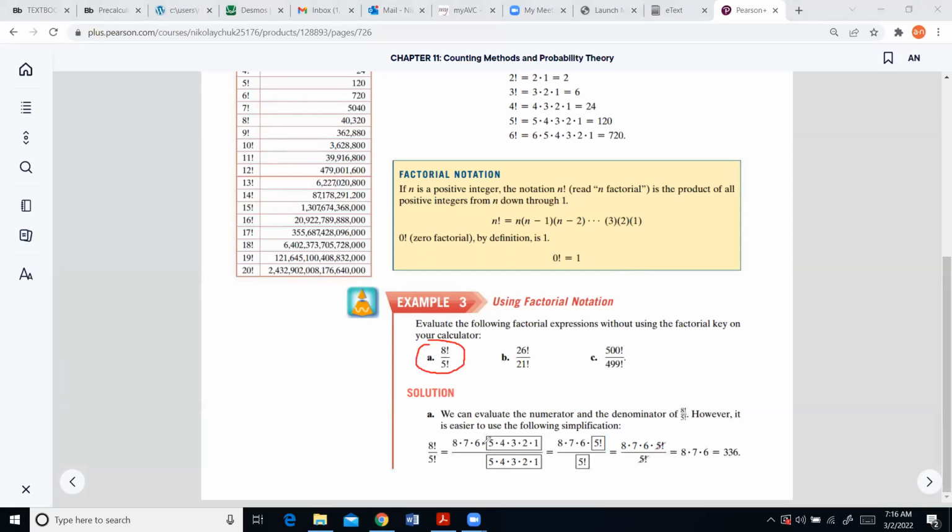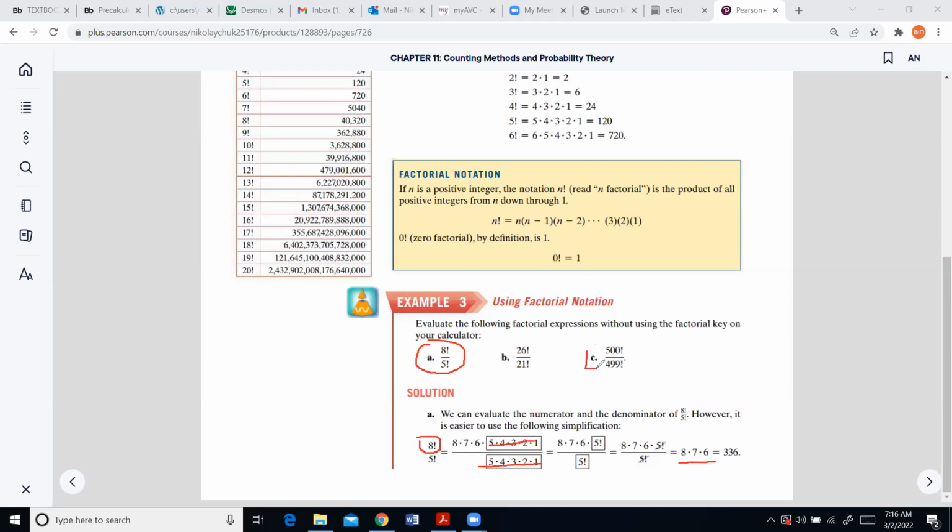You can just see that if you write this 8 factorial on the top as a 8, 7, 6, and so forth, and 5 factorial on the bottom, then the common part will be canceled, right? And all you are left with is just a product of 8, 7, and 6, and this is 336.